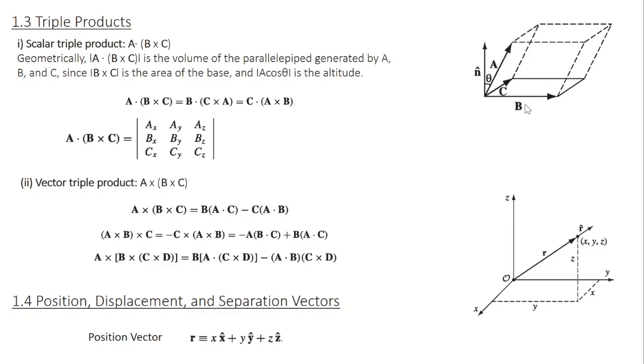Now you have three vectors a, b and c. They form a parallelepiped. If you look at the physical meaning of this definition, b cross c gives you the area of the base parallelogram. Now you need to take its dot product with a.